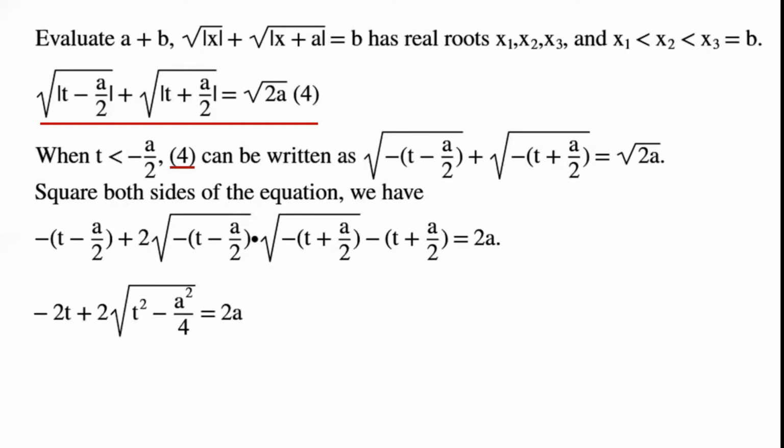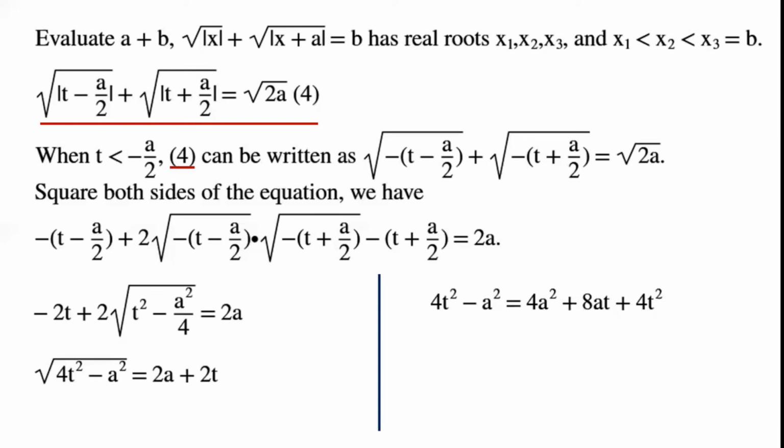By simplifying the equation, we have minus 2t plus 2 times root of t squared minus a squared over 4 equals 2a. By rearranging the equation, we have root of 4t squared minus a squared equals 2a plus 2t.